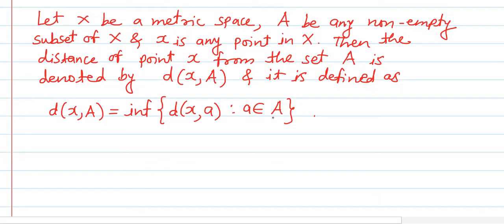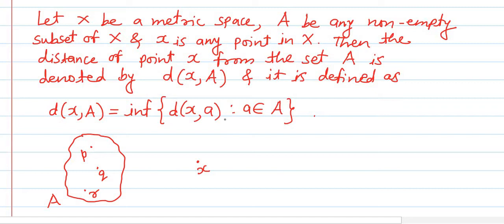We'll consider one example so as to understand this properly. Suppose we have a set A, and suppose it consists of three elements P, Q and R. And suppose we have a point x.